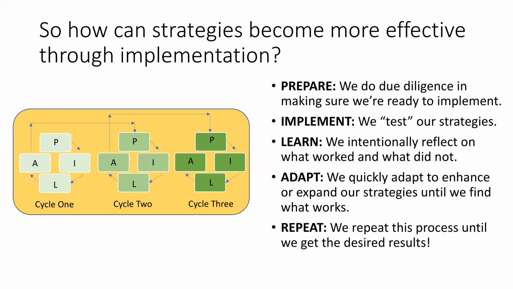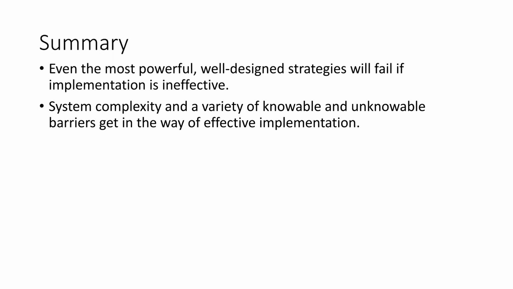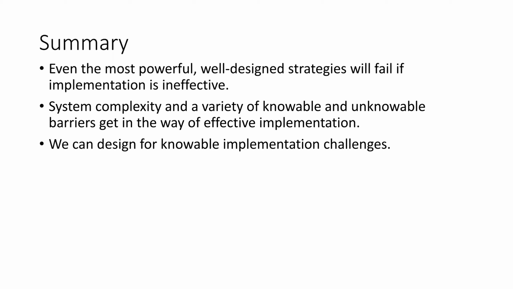So to summarize our webinar today, let's just remember that even the most powerful, well-designed strategies will fail if implementation is ineffective. That system complexity and a variety of knowable and unknowable barriers get in the way of effective implementation, just the way it is. But we can design for knowable implementation challenges up front, but we must take the time to reflect on what's knowable, know our current situation so we can design appropriately.